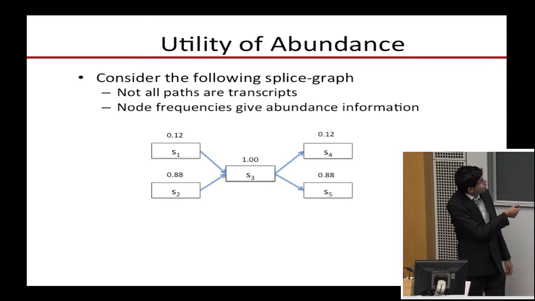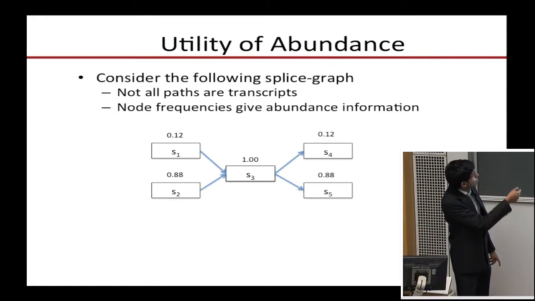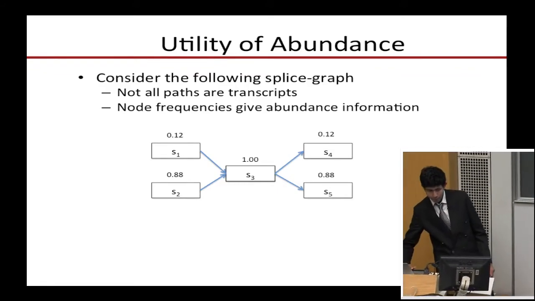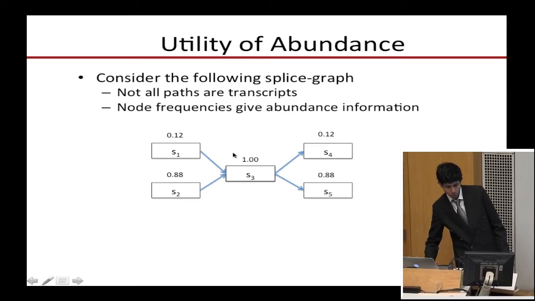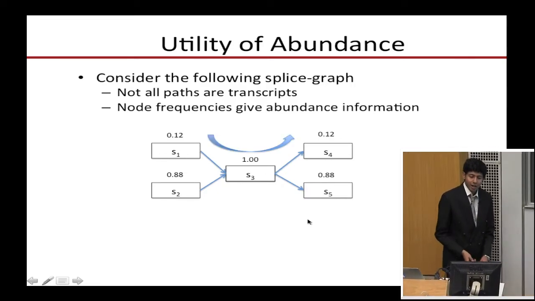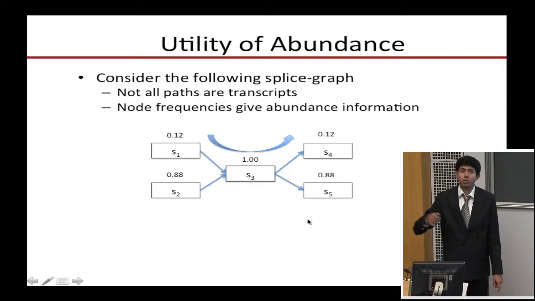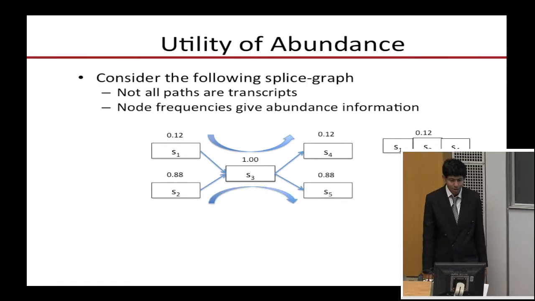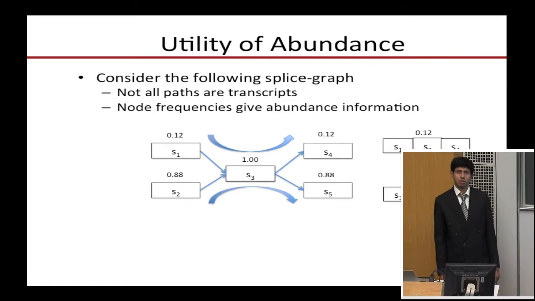That's the problem, and what we do for this is to use the relative frequencies. For example, if you have the relative frequencies of these various nodes as 0.12, 0.88, and so on, you see that the path which goes through this has a continuous abundance distribution, 0.12 going through all of these nodes, and 0.88 going through the other nodes.